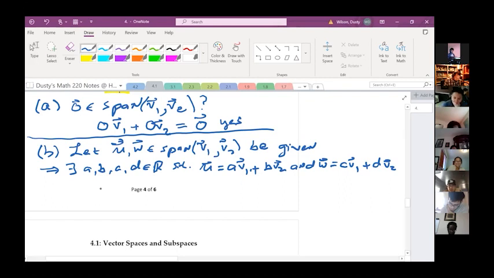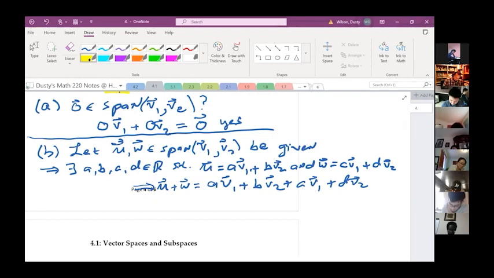So this implies that U plus W, our euctor plus our vector, is equal to AV1 plus BV2 plus CV1 plus DV2.